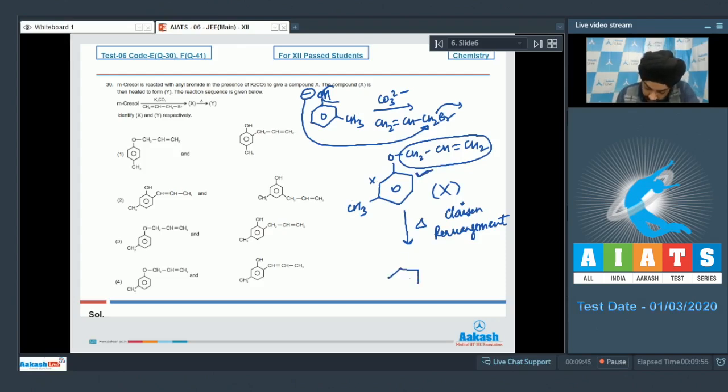So this is going to lead to the formation of this compound as the major product, which is labeled as Y by the examiner. Now if you look at the options given to us, students, we can clearly see that for this question we have to mark the correct answer as option 3. Let us look at the next question now.